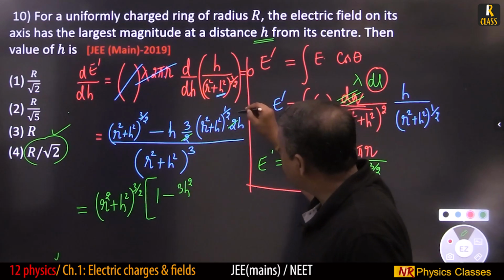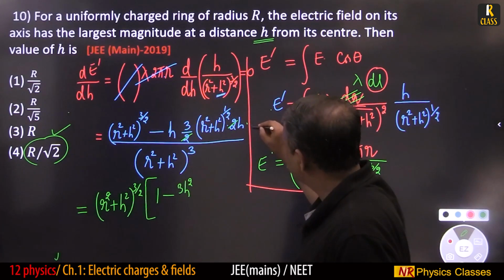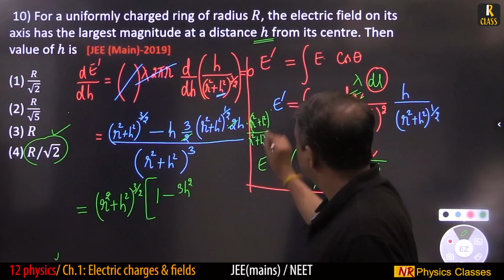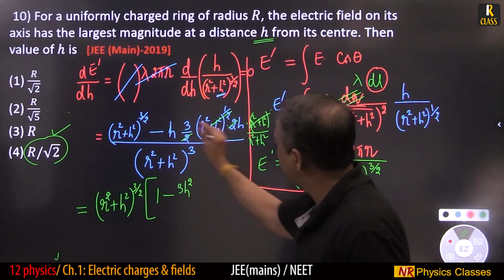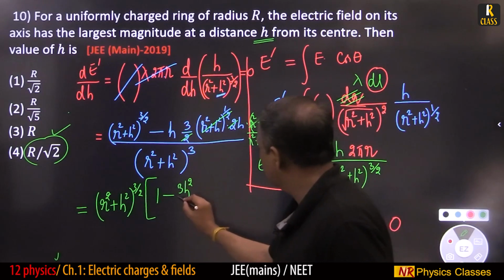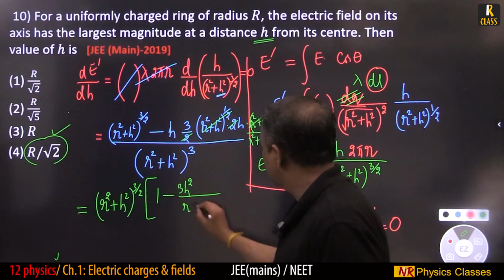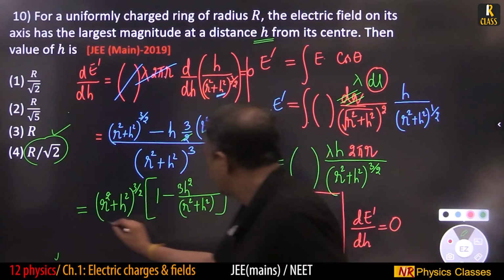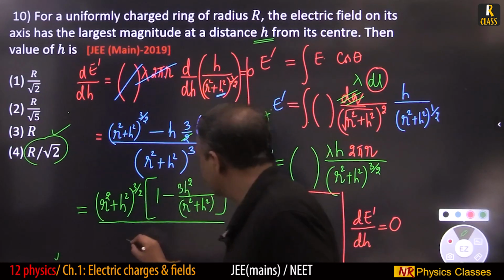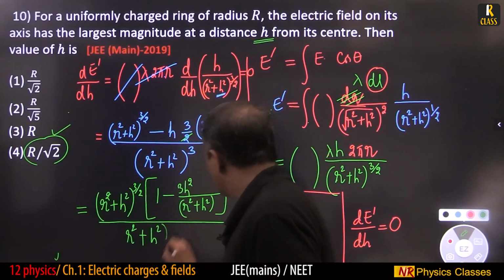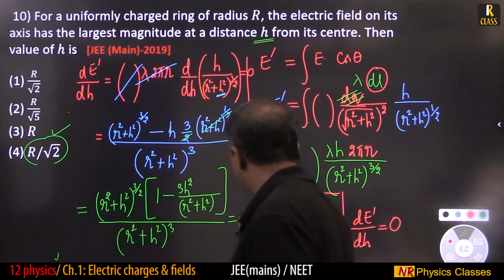So multiply and divide this by r square plus h square. So this comes out. Remaining is r square plus h square, and the denominator is r square plus h square. This whole divided by r square plus h square whole cube equals 0.